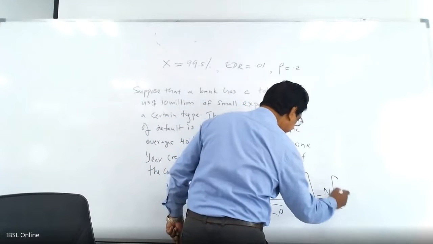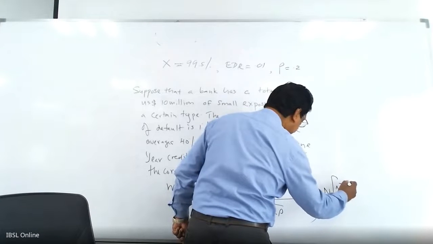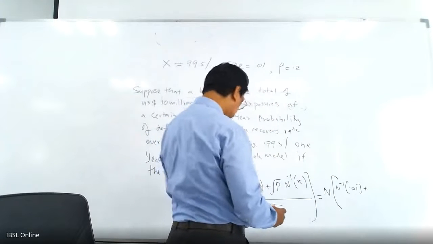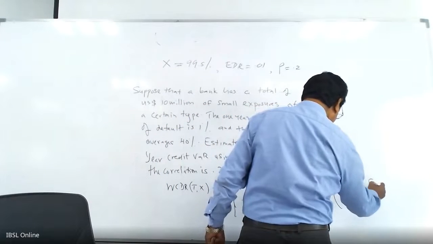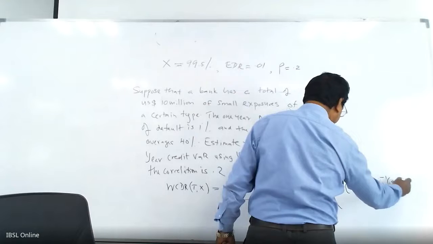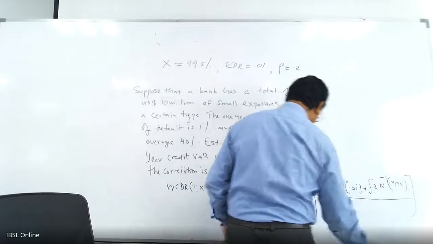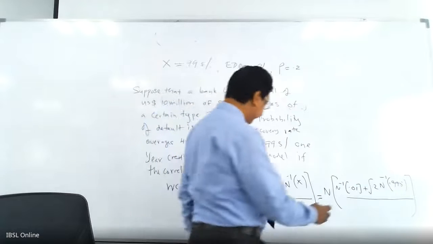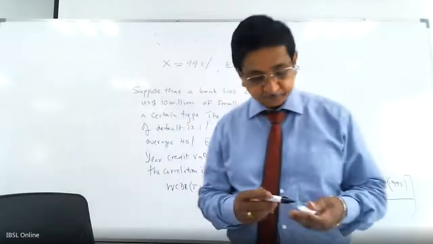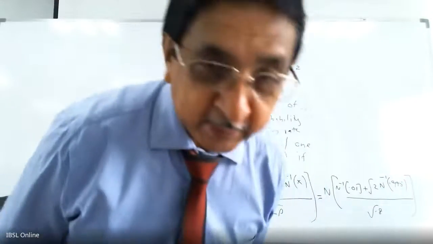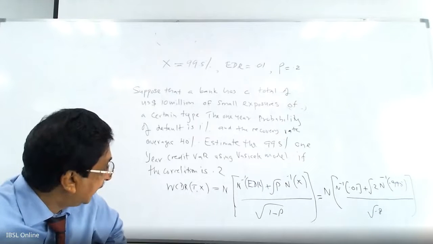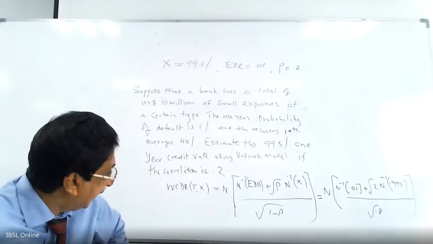N inverse of EDR is 0.01 plus square root of 0.2 into N inverse of 0.995, divided by square root of 1 minus rho, which is 1 minus 0.2, that is 0.8, square root of 0.8. So we will see what it is. Now you need to go through the normal curve tables and get the N inverse of 0.01 value and N inverse of 0.995 value. We will see what the value is.